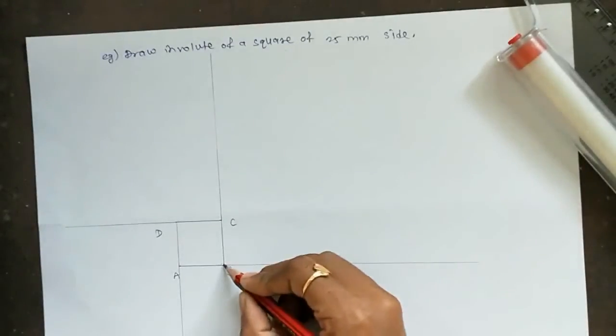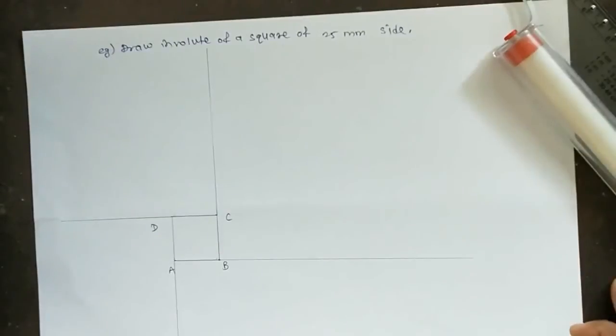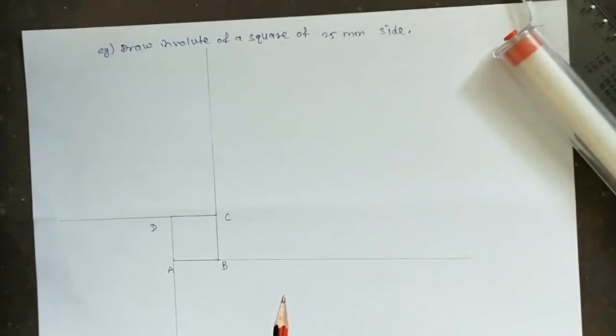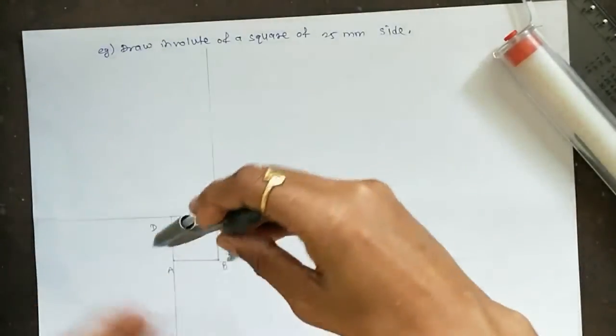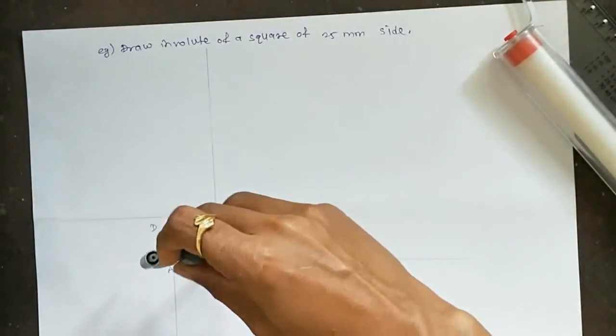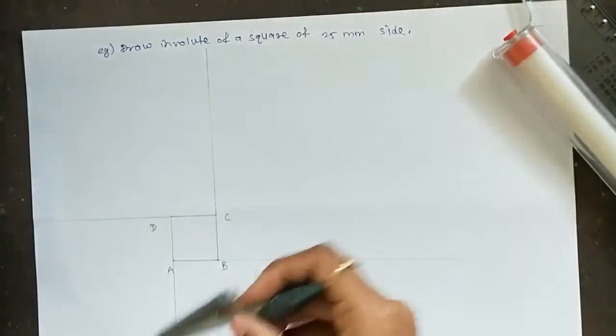So the curve will start from point B. Then take a distance of radius AB and center point as point A and draw an arc on this produced line.